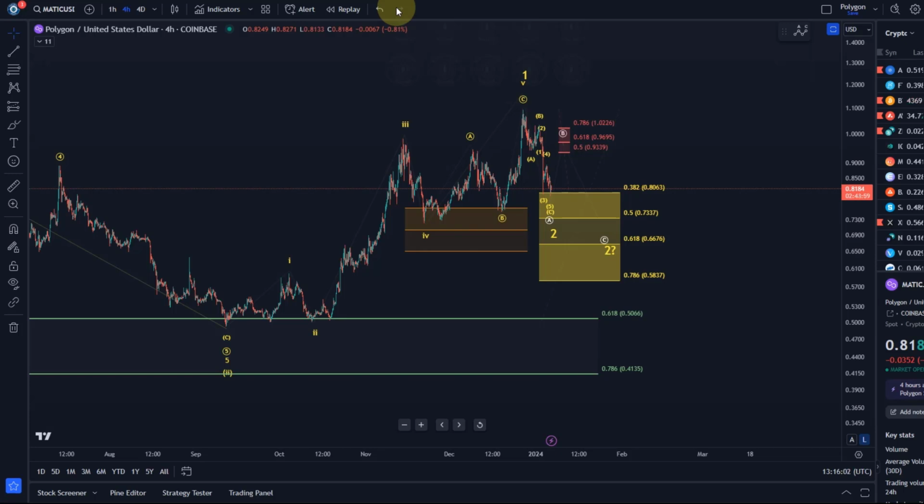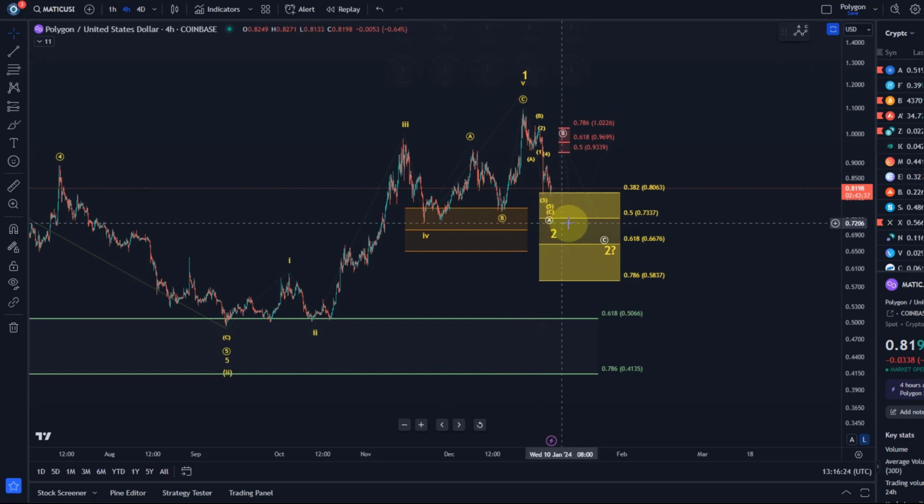Then a 3-wave pullback would give us a potential entry point, or at least a structure where we can look for entries for the upcoming 3rd wave rally, which would then follow, because after 5 waves up, we typically get that corrective pullback, and this corrective pullback is correcting this initial trending move.